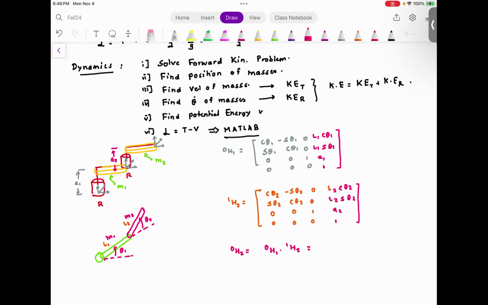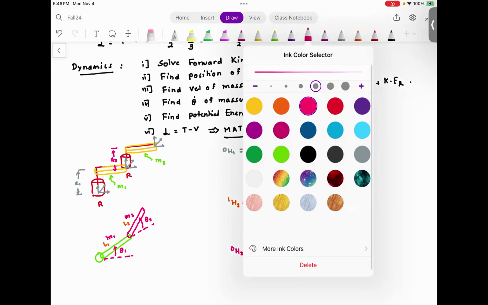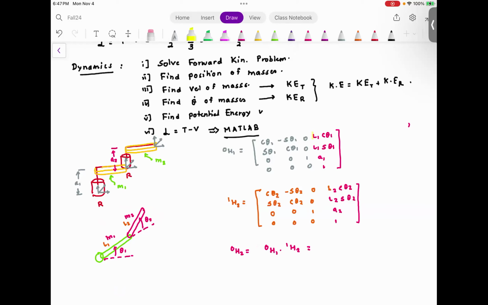Okay, now the question here is, if you look at 0h1, this term here is showing you the distance between the 0th frame and the first frame. But please note, since this is a slender rod, the mass is located somewhere over here.